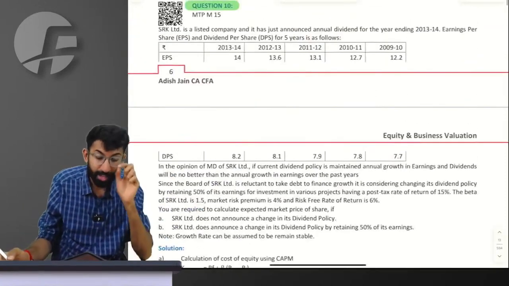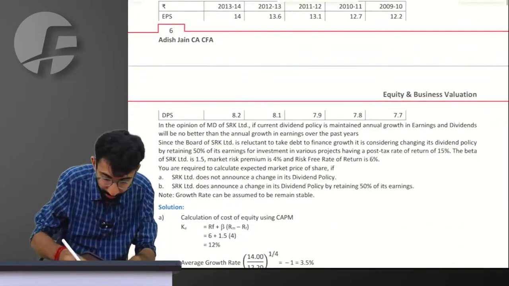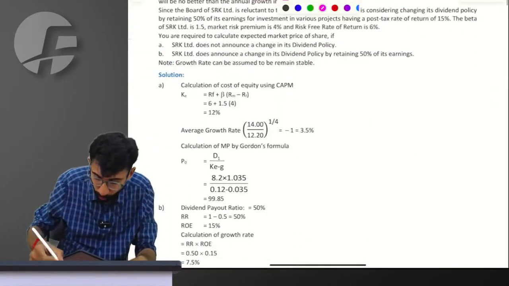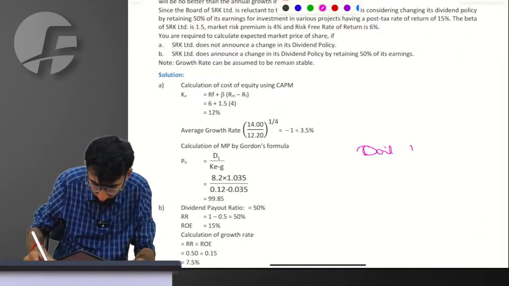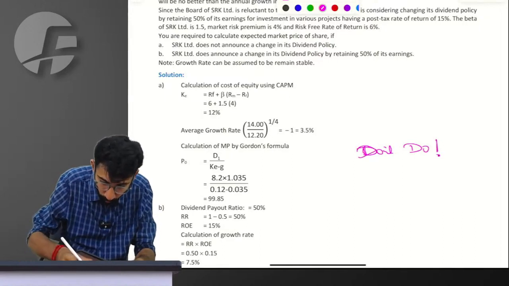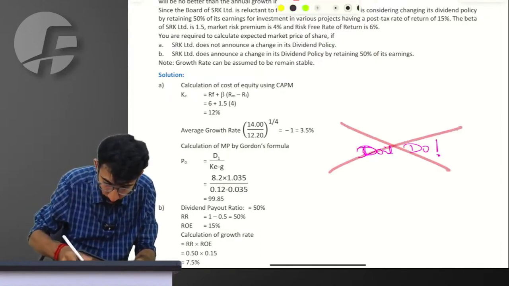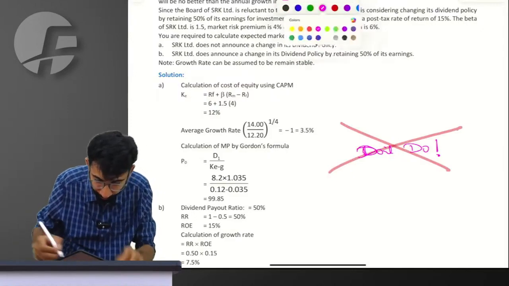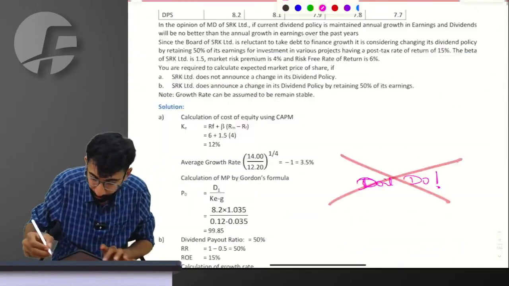Please remember, you cannot make this mistake. What mistake? In your notebook, write it down: don't do this. Listen carefully. Some people might consider D0 as 8.2.